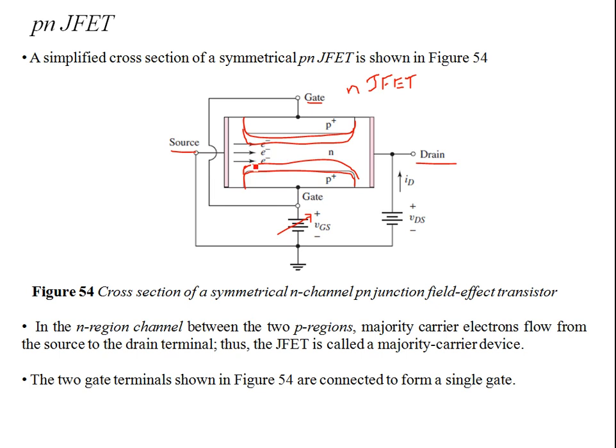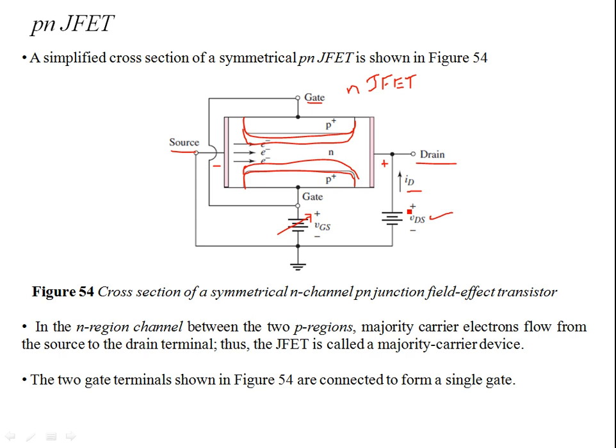Over here you can see the flow of electrons is due to the application of VDS, and this VDS is responsible for the flow of the drain current ID. The electrons, which are the majority carriers in this n-channel region, are flowing through the semiconductor. You have metal contacts at the source and the drain, and due to the electric field, this is positive and this is negative.